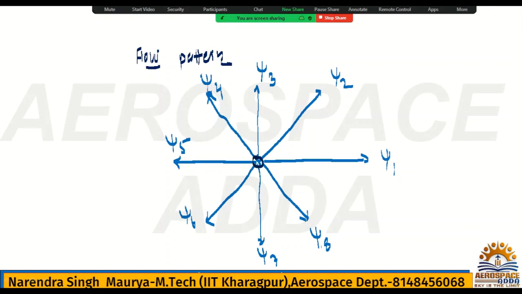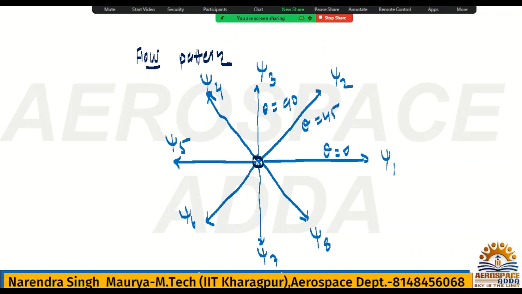Where will be the value of theta? If you start from here, theta is equal to 0, then some 30 degree or 45 degree. Here theta is 0, here theta is 45, here theta is 90 degree, here theta is 135, like that you can mention.